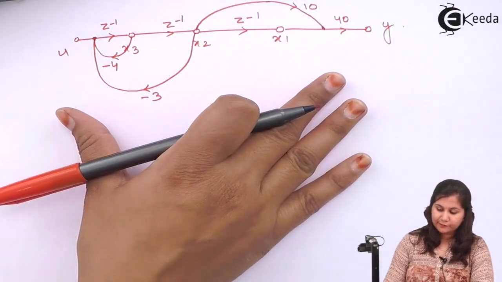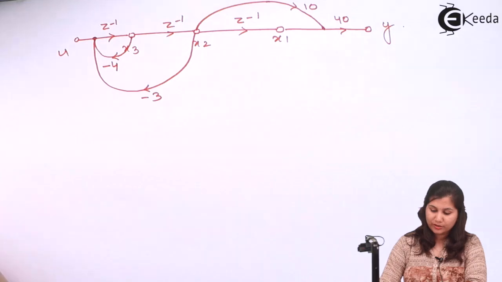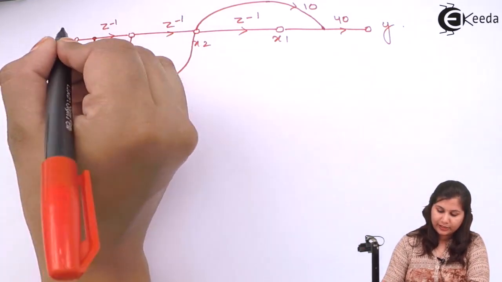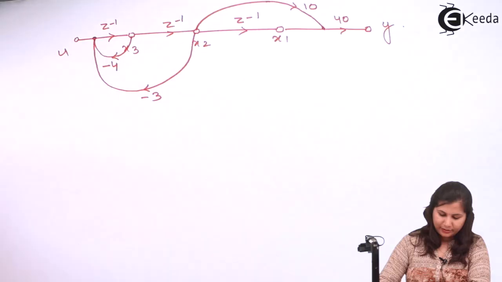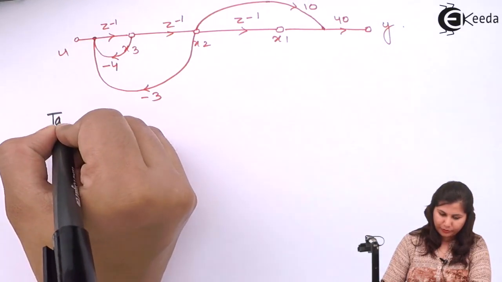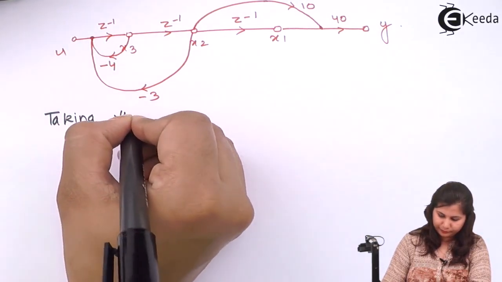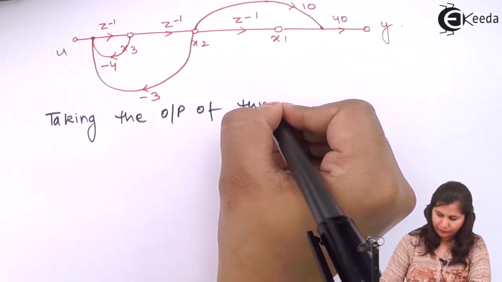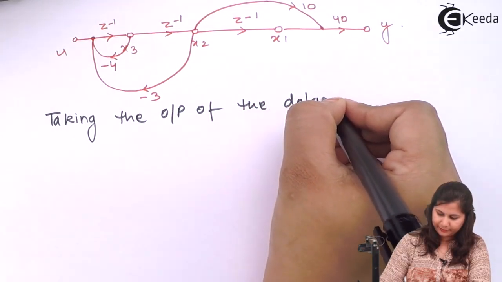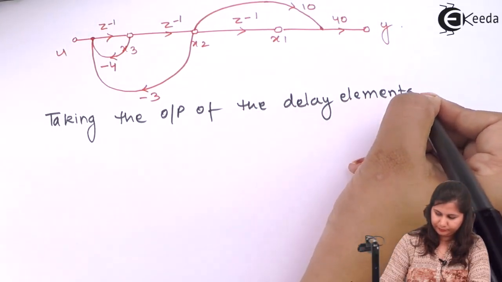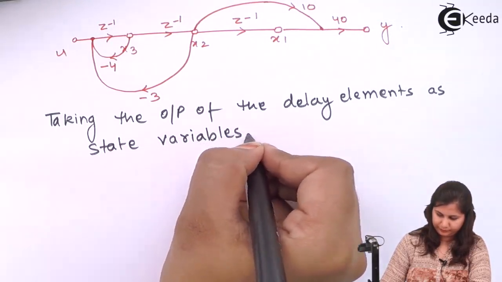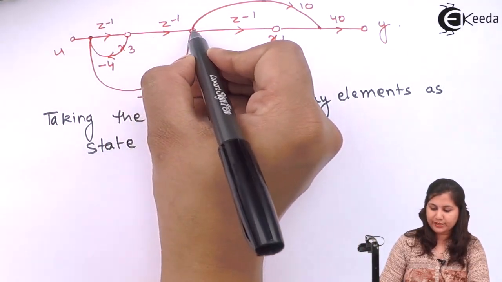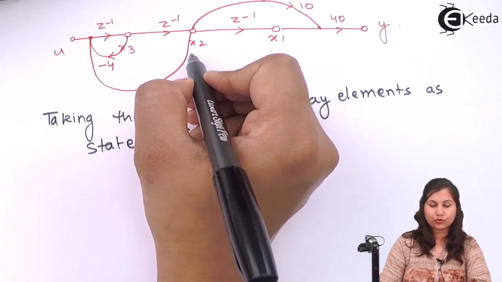Now through this signal flow graph we can write the equations. This is x3, so this will be x3(k+1), taking the output of the delay elements. So output of this delay element is x2(k).